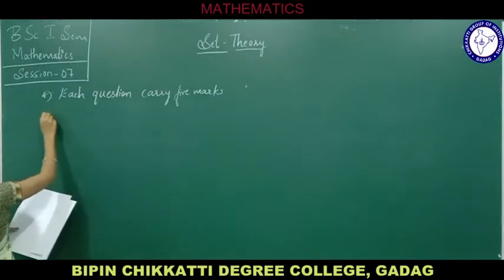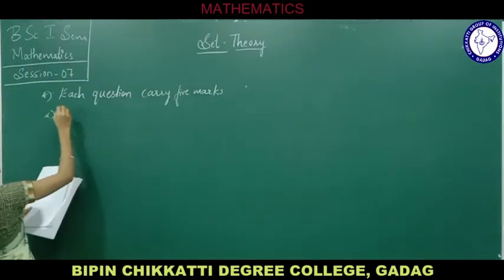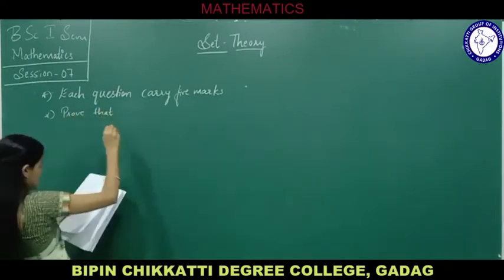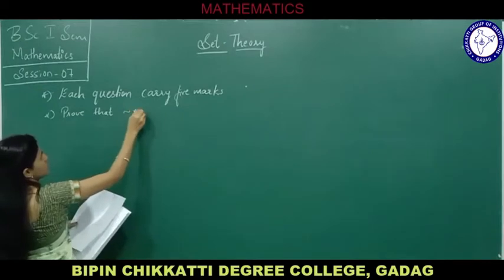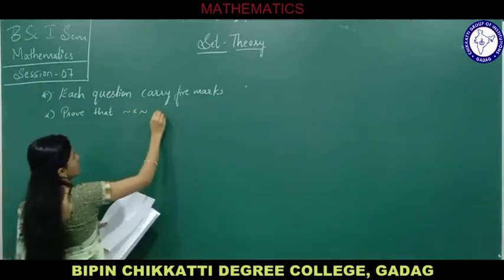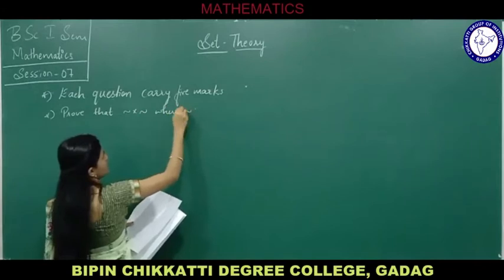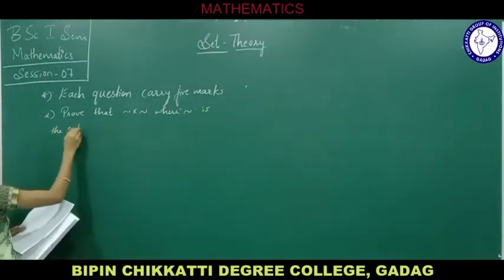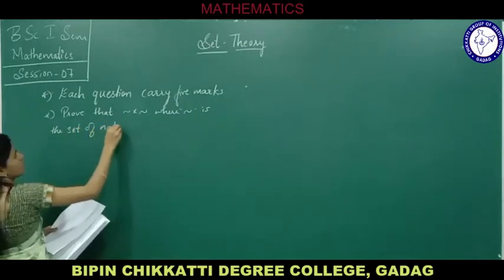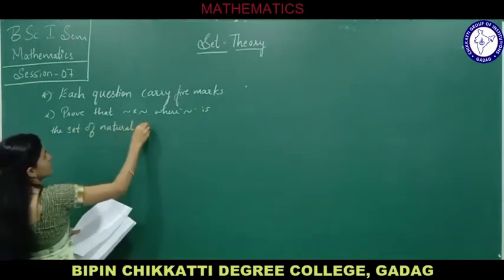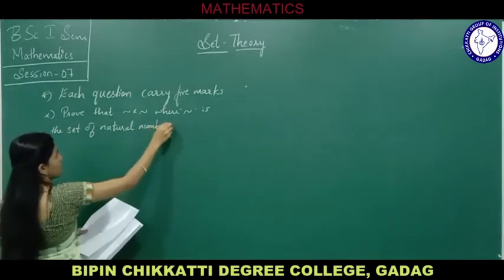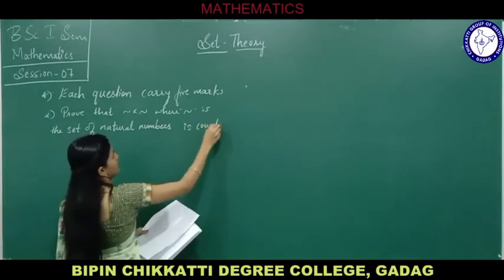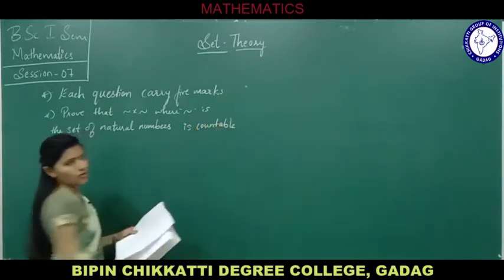We need to prove that this equivalence, where this relation is equivalent, the set of natural numbers, is countable.